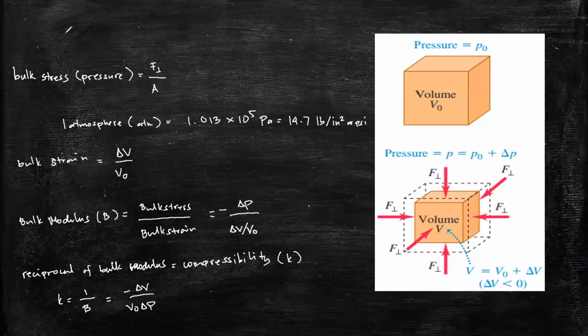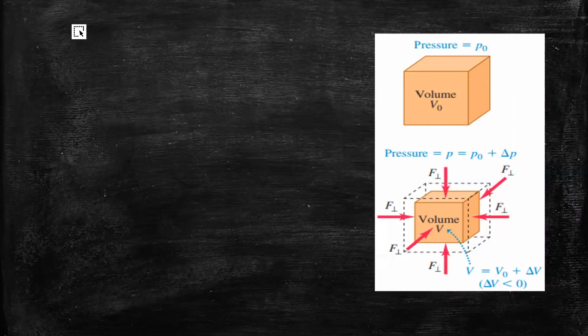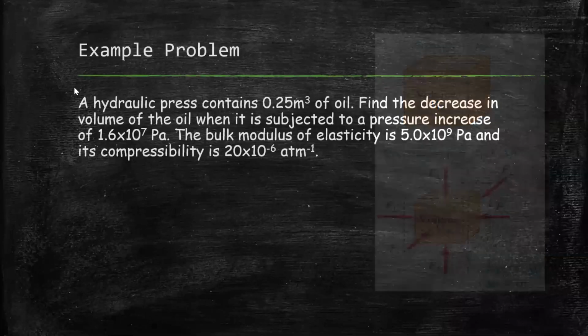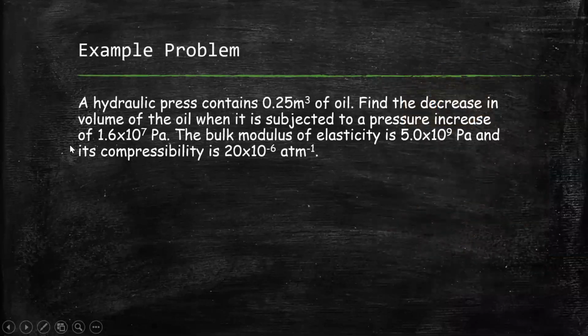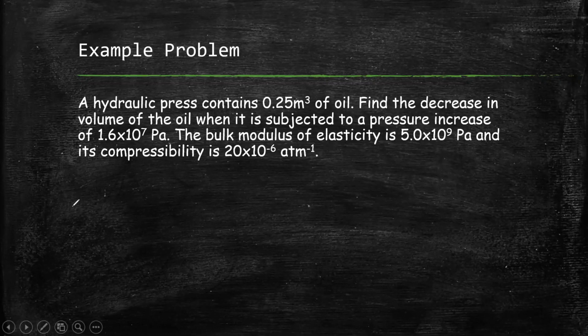Now, let's have our example problem. A hydraulic press contains 0.25 cubic meter of oil. Find the decrease in volume of the oil when it is subjected to a pressure increase of 1.6 times 10 raised to 7 Pascal. The bulk modulus of elasticity is 5.0 times 10 raised to 9 Pascal, and its compressibility is 20 times 10 raised to negative 6 atmosphere raised to negative 1.